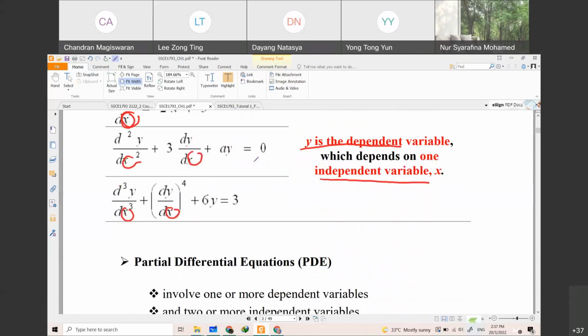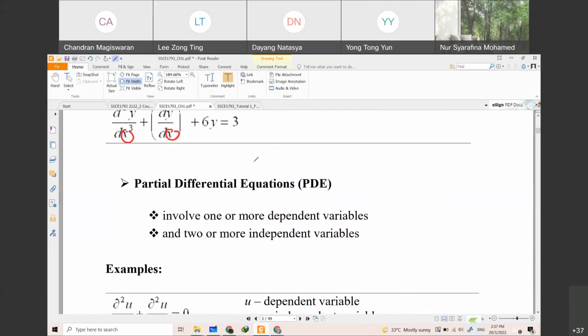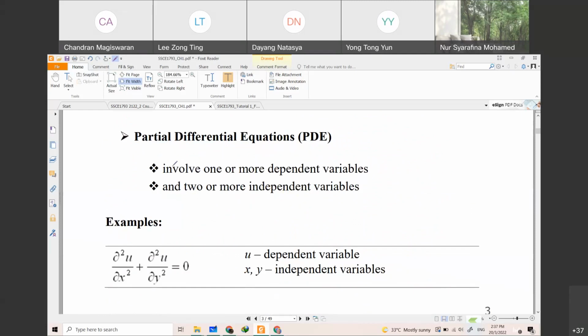What about partial? For partial, it involves one or more dependent variables, so this one is quite the same as ordinary, and two or more independent variables. As you can see here, del squared u over del x squared plus del squared u over del y squared equals 0. So u is dependent and x and y are independent.